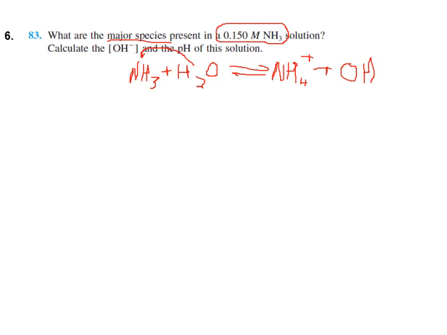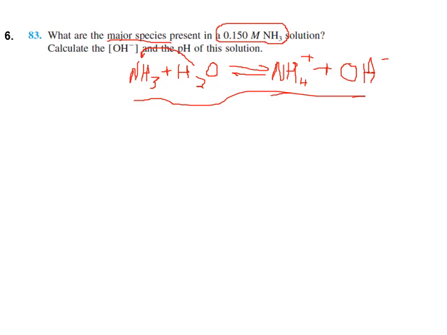It's just so hard to write with this thing. So that's going to be written across the top of our ice table. This is going to be our Kb expression. Kb will be this times this divided by this.